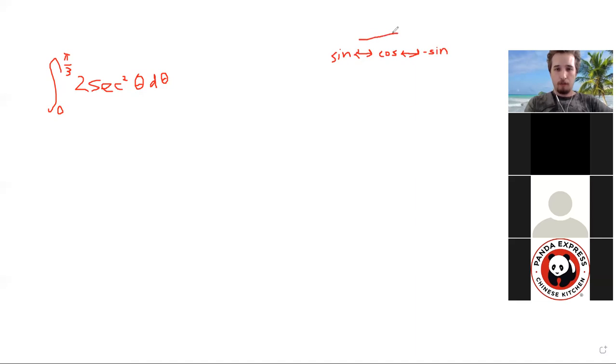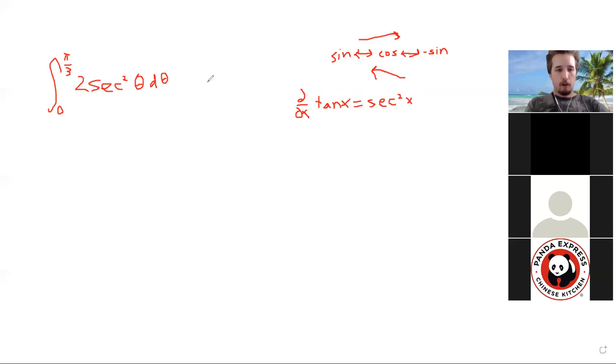Derivative would be going this way, and integrals go this way. But the derivative of tangent is equal to secant squared. And this is just something you're going to have to memorize if you have not done so already.